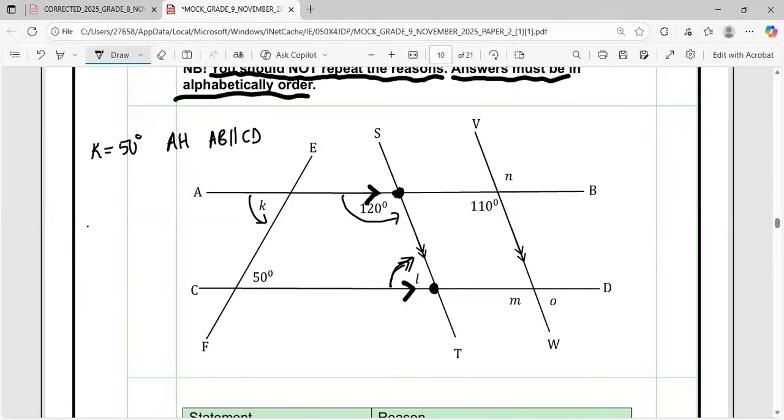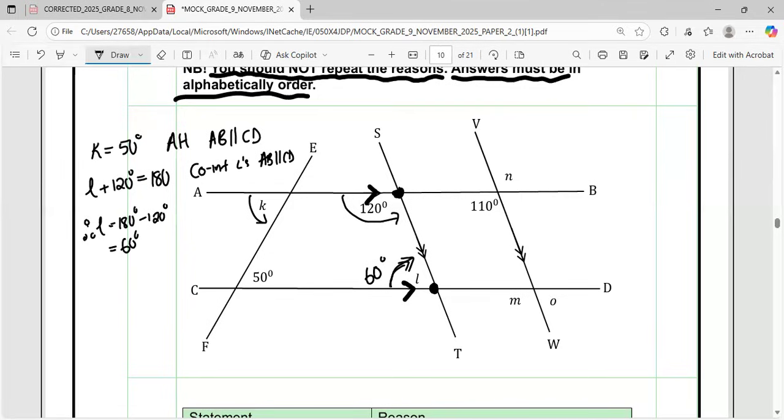So we have L plus 120 degrees, which should give us 180 because they are co-interior angles, and again we said AB is parallel to CD. So L is equal to 180 degrees minus 120 degrees, which gives us 60 degrees. Now we know L is 60 degrees.